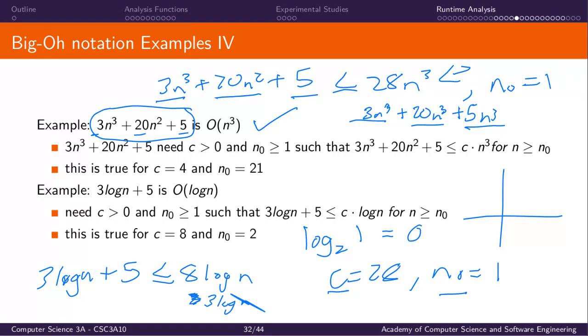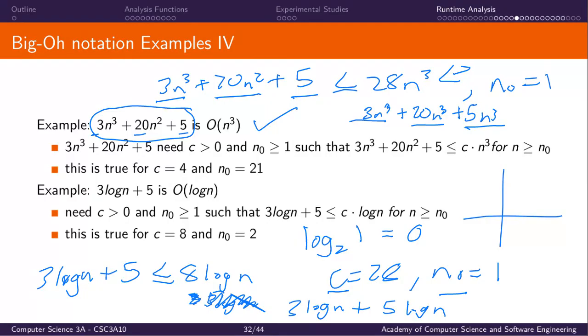All right, so if I was to split this to 3 log n plus 5 log n. For n equal to 1, both of these would be equal to 0, and that would be less than 0 plus 5 on my left. Right?